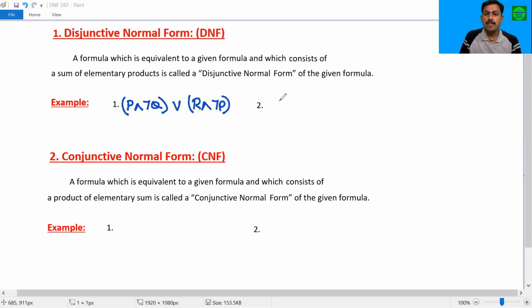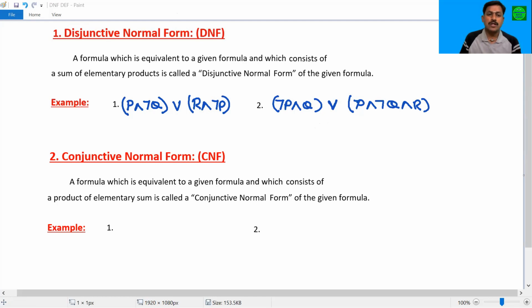The second example, you can consider any elementary product, and here is another elementary product. In between these two, if you put a sum, then it is called disjunctive normal form. The sum of elementary products is called disjunctive normal form.